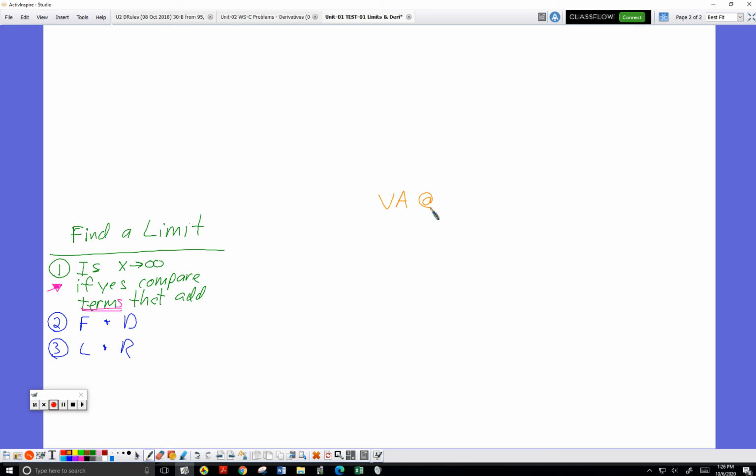Vertical asymptote at x equal 2. Other side of the card has to say this. F of 2, meaning the value of the function when x is 2, will equal a number over 0. That's the flashcard memory you have to have.